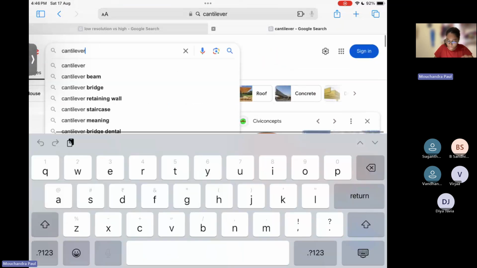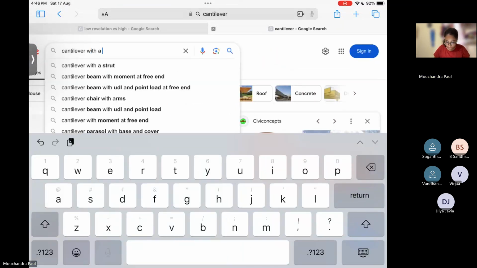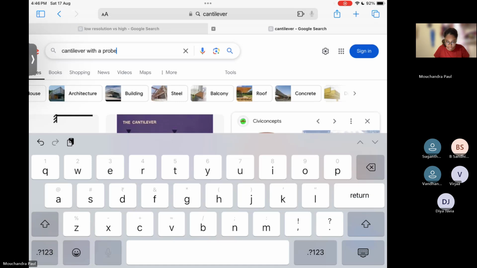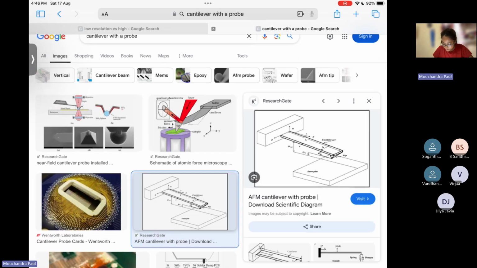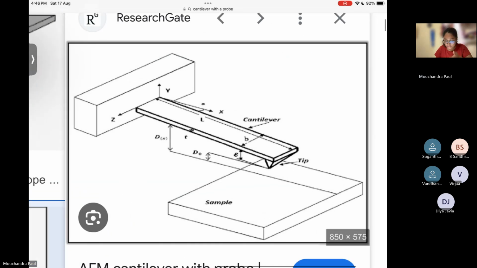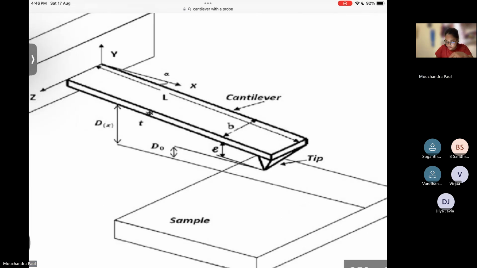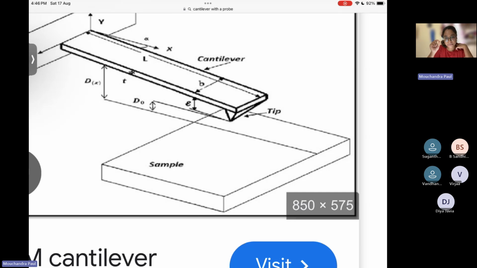Now, a cantilever with the probe will be like this. One end is fixed, as I told you, one end of the beam is fixed, and at the other end there is a very fine tip, something that can pierce you. As the beam or cantilever has only one end fixed and the other end free, it can move.